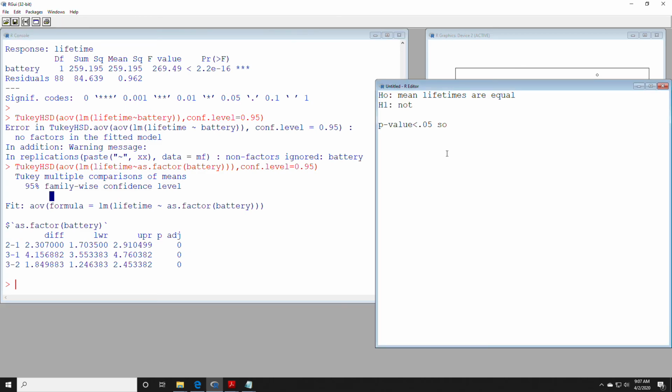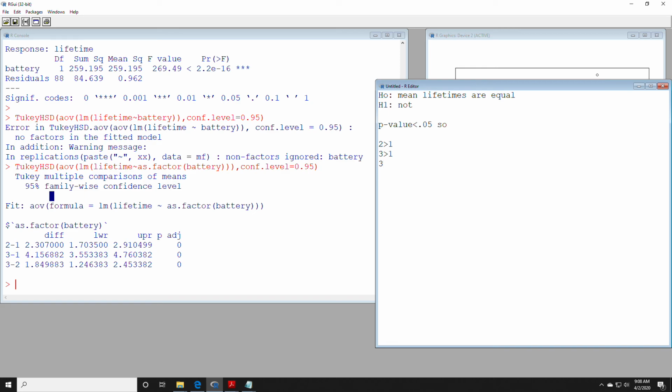So anyway, to determine what we have, the confidence interval for 2 minus 1 is completely positive. Positive, positive. Again, ignore lower upper, the interval is all we care about. So we have evidence that the mean for group 2 is greater than 1. Looking at 3 minus 1, positive, positive. We have evidence that 3 is greater than 1. 3 minus 2, positive, positive.